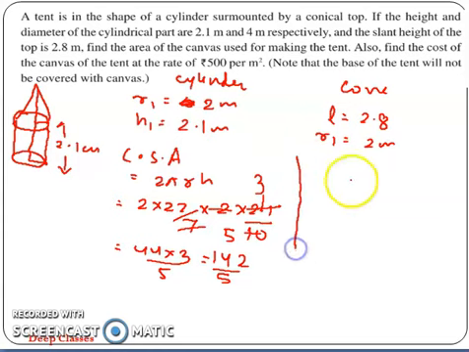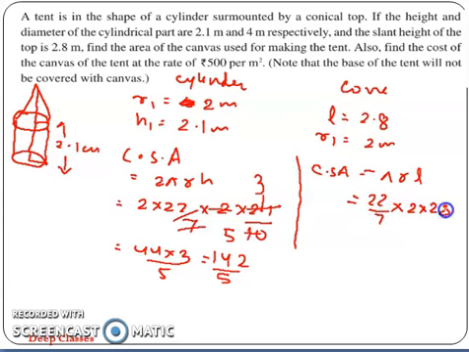Similarly, for the cone case, we can write CSA is equal to pi rl. So 22 upon 7. Radius is again 2 and slant height is 2.8, so 28 upon 10. 7 into 4. 2 into 5. So again we can write 22 into 4 is 88 upon 5.